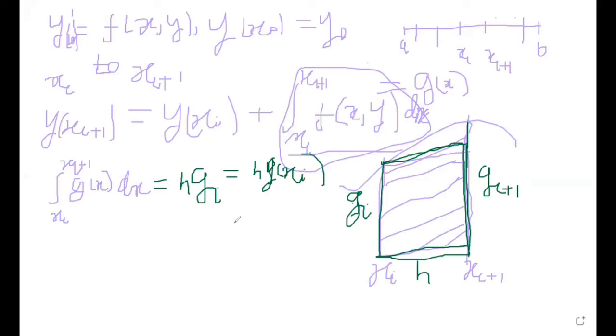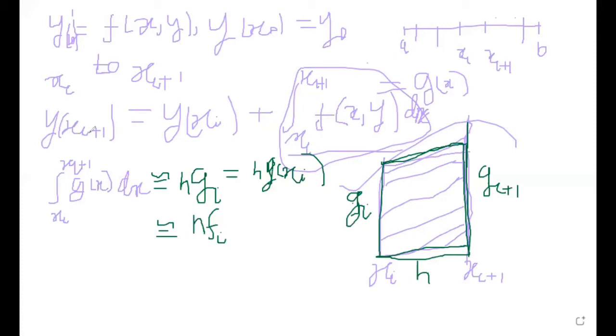This thing is clear? And what is g at xi? g at xi is y prime at xi. What is y prime at xi? That is not basically equal to, this is approximately equal to, because now we made the approximation. So this is approximately equal to h times fi. This thing is clear?